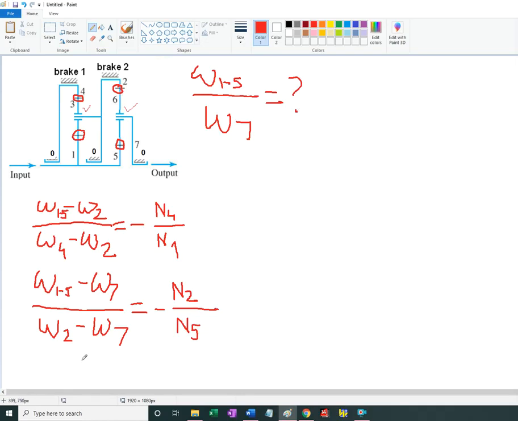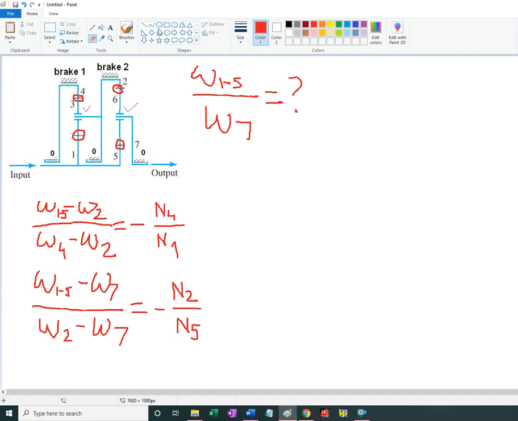So using these two basic equations for the two units, how do I get this? Well, it would be a matter of eliminating omega 2 between these two equations in the first place. But really, the method of solution depends on the configuration.